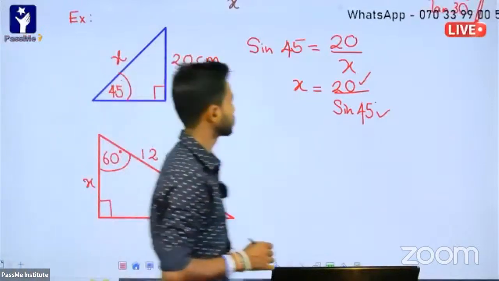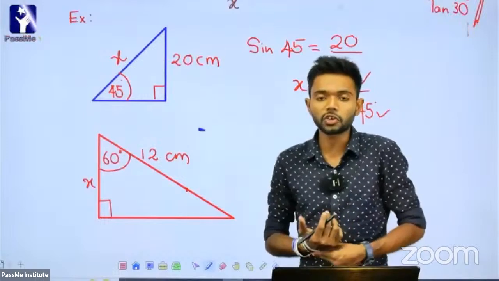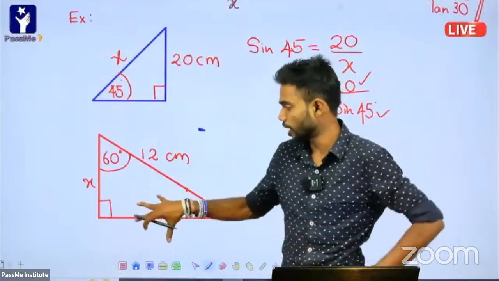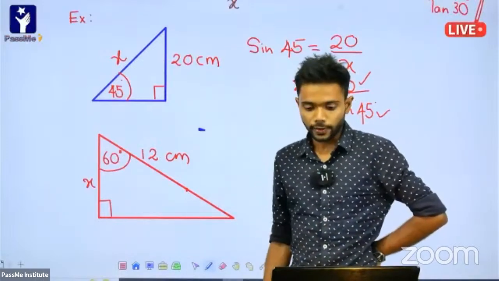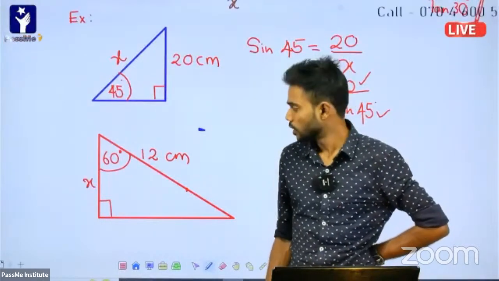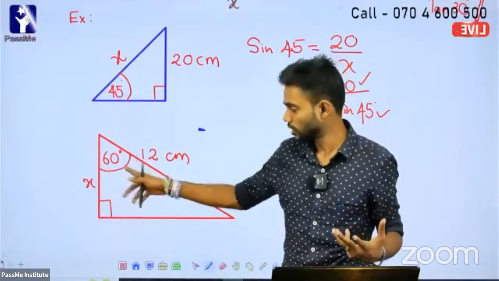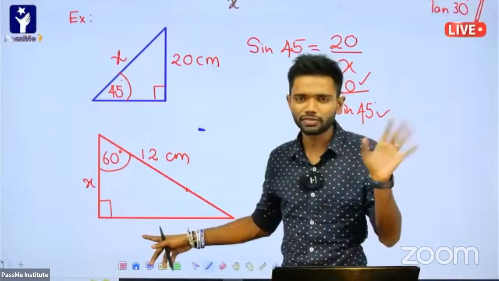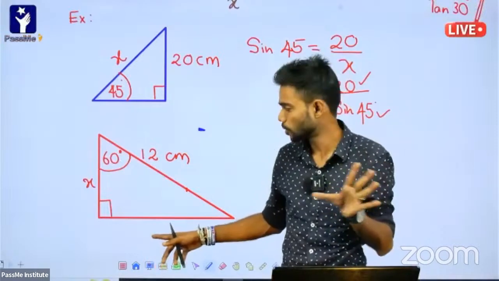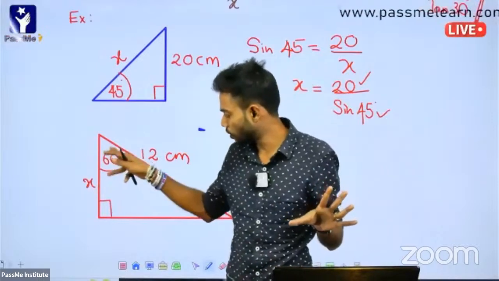Okay, now which trigonometry ratio? I changed the diagram, right? So which trigonometry ratio am I using? With respect to theta, the theta here is 60. So this is the opposite side, but we don't know the opposite side, so we neglect this side. What is the side here?